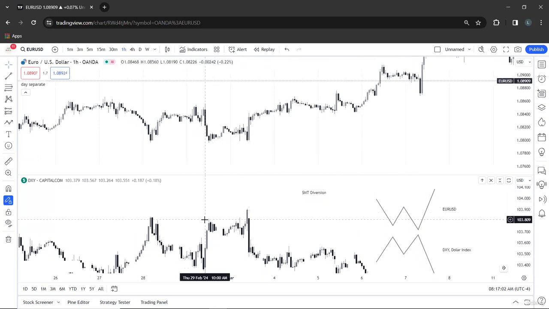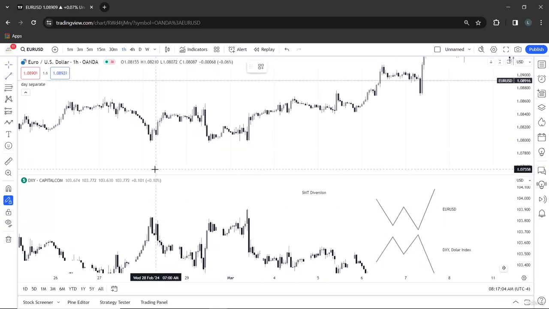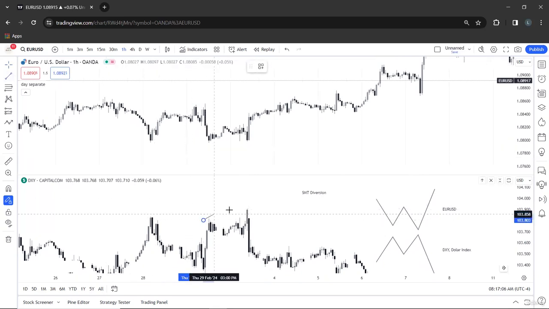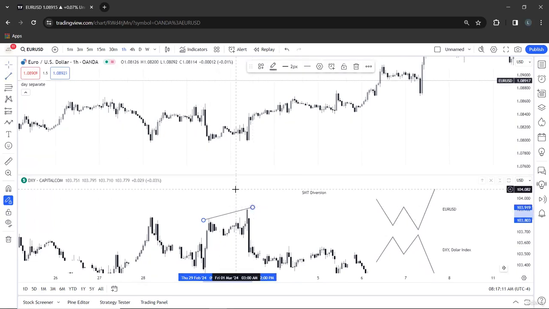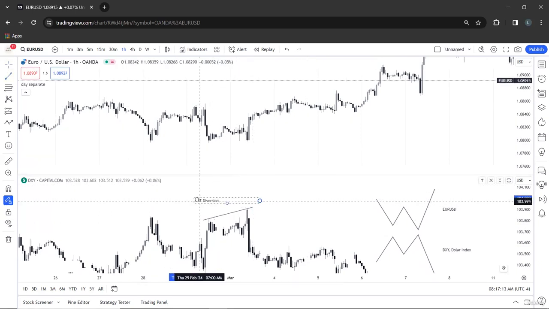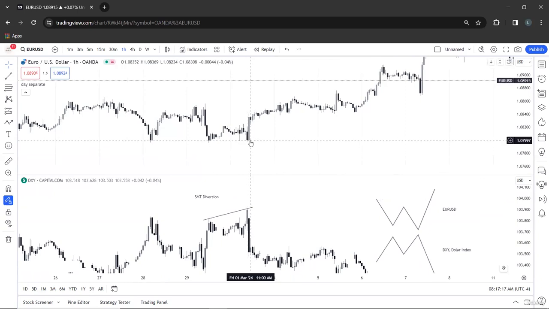Right here is your SMT divergence. And why is it an SMT divergence? It's an SMT divergence because here we see that the dollar has made a higher high and euro has failed to make a lower low as it should, because there should be an inverse correlation.